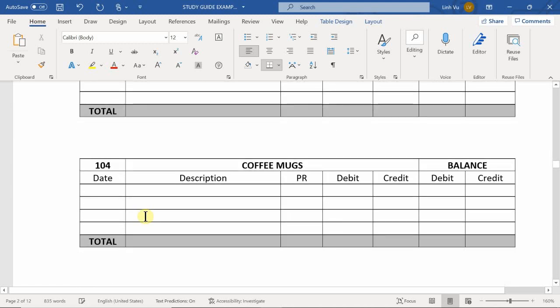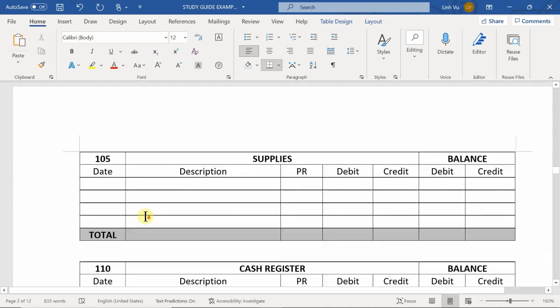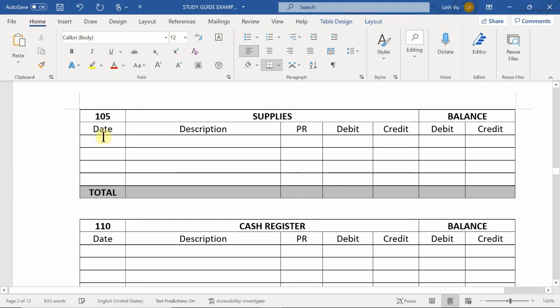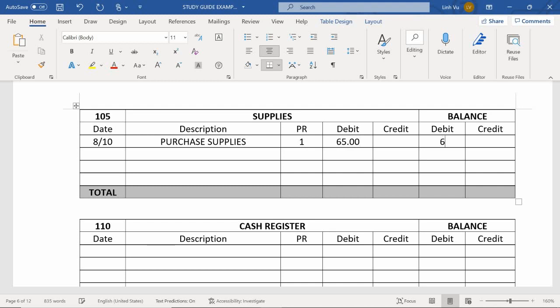Supplies on the 8th. Actually on the 10th, no? Yes, it's on the 10th. So purchase supply. Journal number 1, $65 and $65 balance.